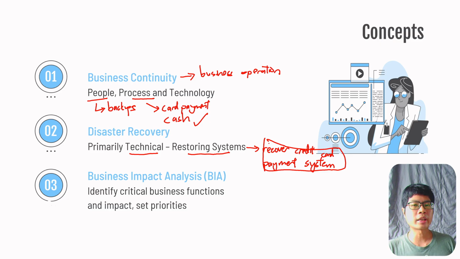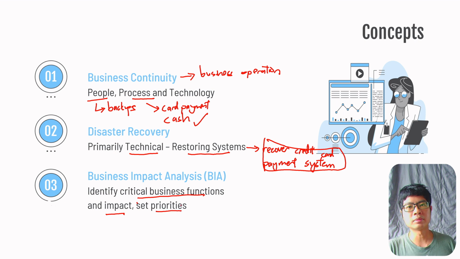And lastly, we look at the concept of a business impact analysis. In order to do business continuity, we need to know what the critical operations of the business are, and that is really where business impact analysis comes in. We identify them, we set the impact: what would happen if we are unable to accept card payment? For example, we would lose sales. And we would set priorities.